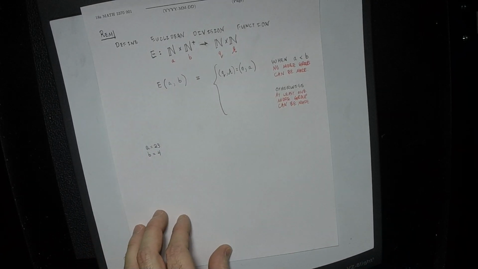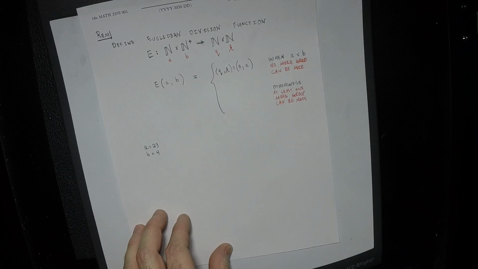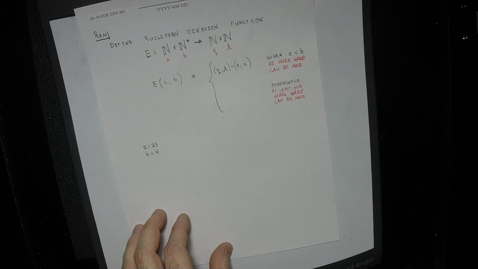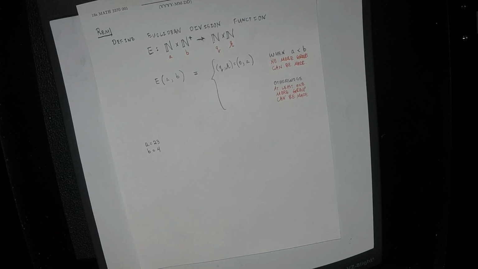And the 9-year-old inspects the current situation and looks at the 23 M&Ms and asks, is it possible for me to make a group? And so what's the answer to that question? The answer is yes.